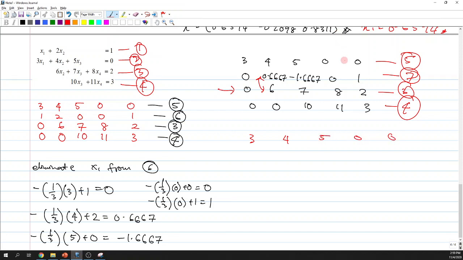Oh, ni kena line ni. Okay, and then 0, 6, 7, 8, 2. So ni 0, 0.6667, negative 1.6667, 0, 1. And then 0, 0, 10, 11, 3.